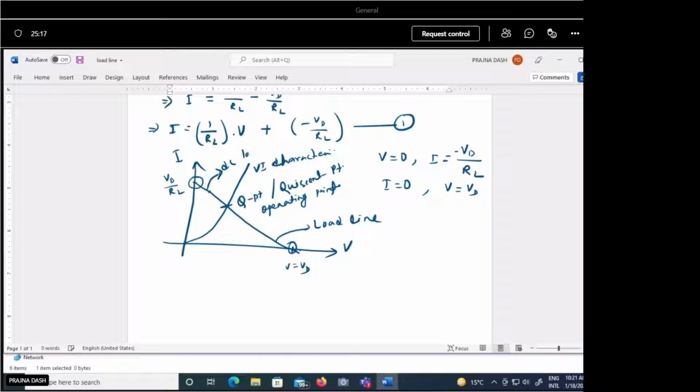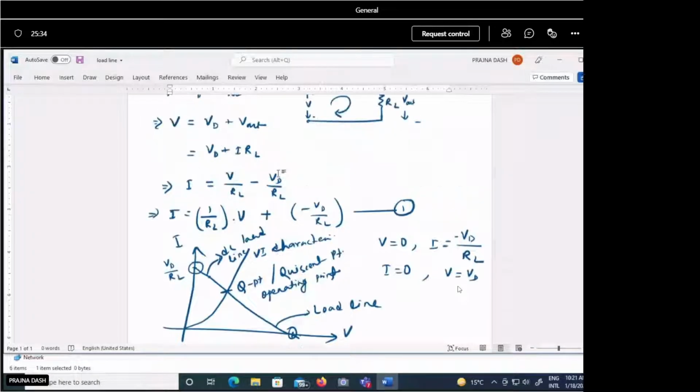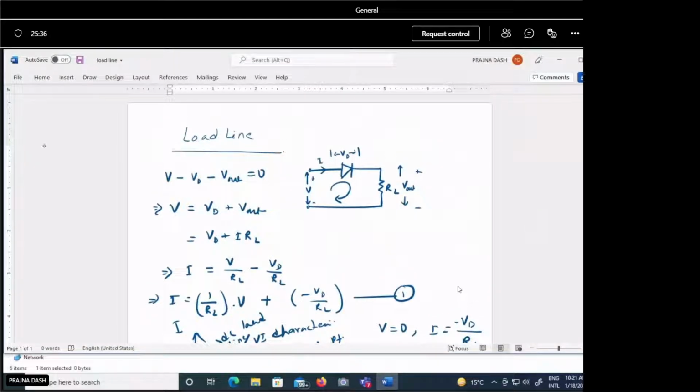And here we have also considered the static characteristics of this graph. This graph is the static characteristics; we have considered it when we take the DC characteristics. So this is about the DC load line.